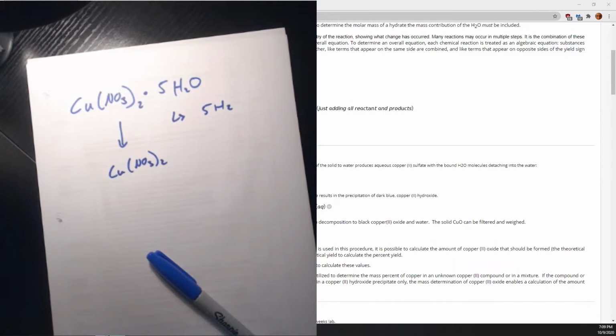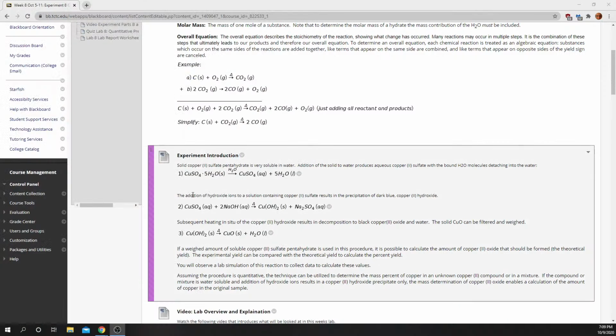What you would ordinarily do in this lab is take copper(II) sulfate pentahydrate, dissolve it in water, and then react it with sodium hydroxide. Here, I'll bring this back up. So step 1, you dissolve it in water. Then step 2, you react it with sodium hydroxide to make copper hydroxide.